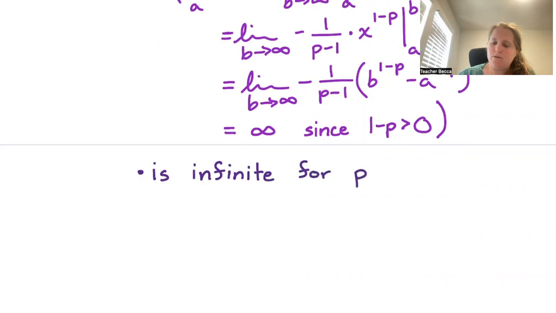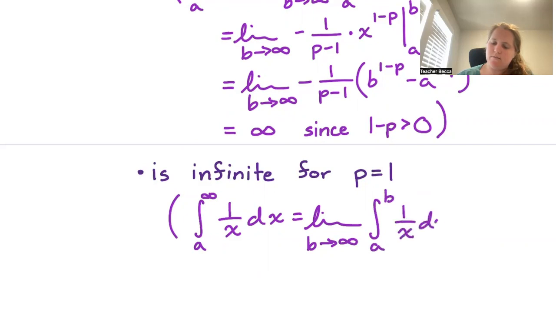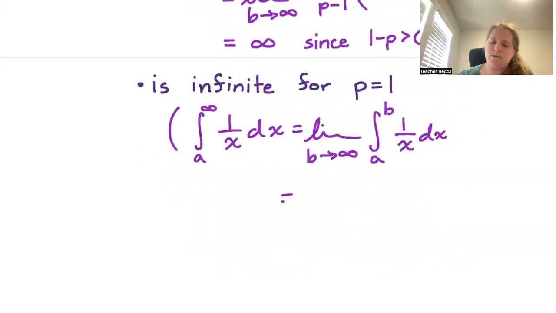for p equals 1. So in this case, we are looking at the definite integral from a to infinity of 1 over x dx. This is again the limit as b goes to infinity of the definite integral from a to b of 1 over x dx, which is the limit as b goes to infinity of the natural log of the absolute value of x evaluated at a and b.